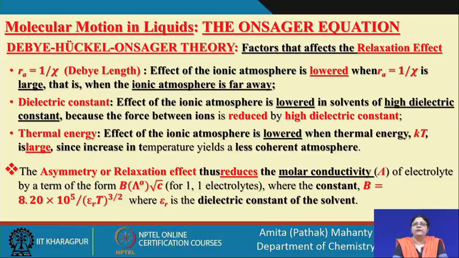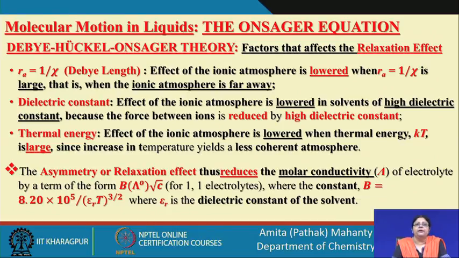Whenever the radius we have defined equal to 1 by chi, the Debye length, is large, that means the ionic atmosphere is far apart. So, the effects which the ionic atmosphere generates on the central ion will be lowered. Okay. So, the relaxation effect or asymmetry effect will be affected if the ionic radius is large.